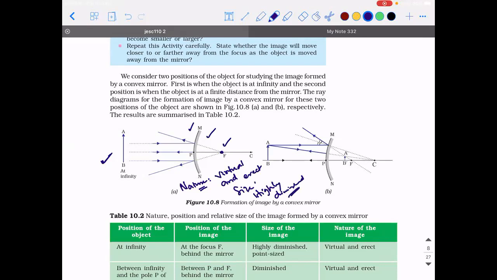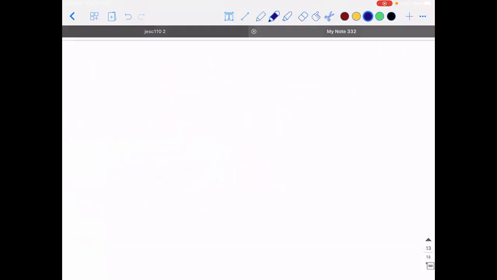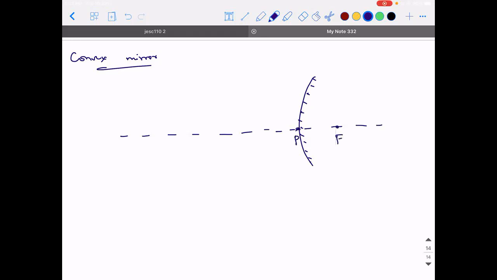Whereas when you place it in front of the mirror, what will happen? Let's try to draw and see. For a convex mirror, when you place the object in front of the mirror, with pole, focus, and center of curvature, let's say I'm placing the object here.